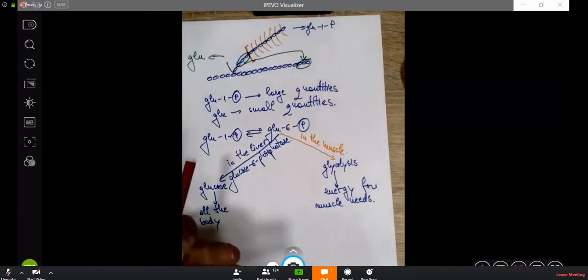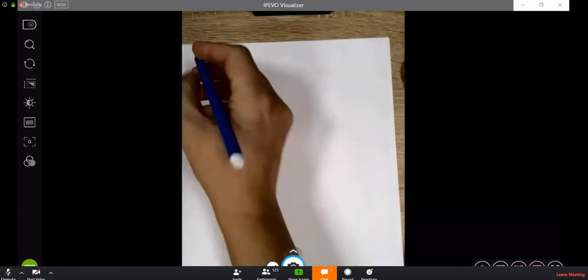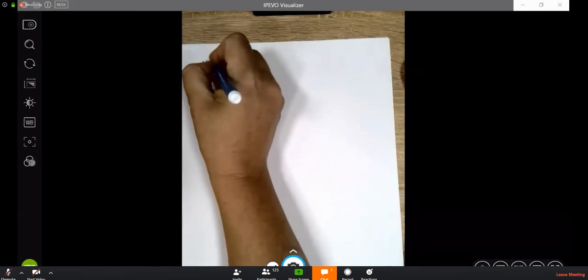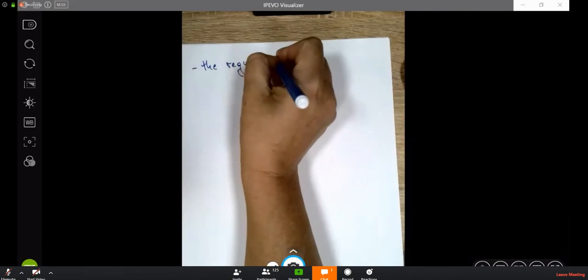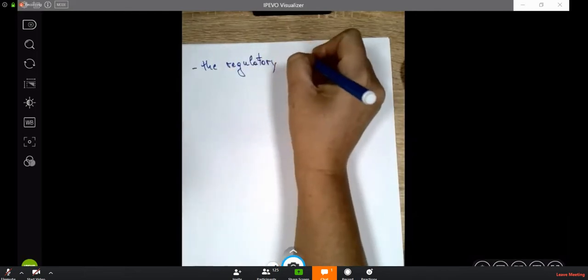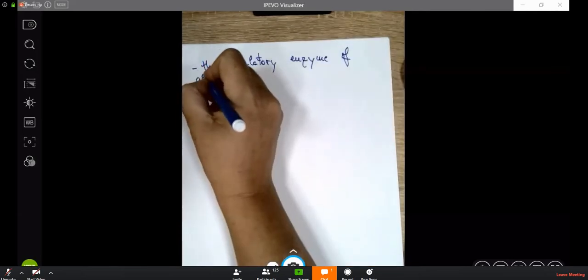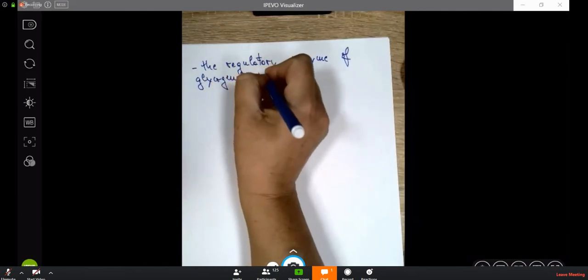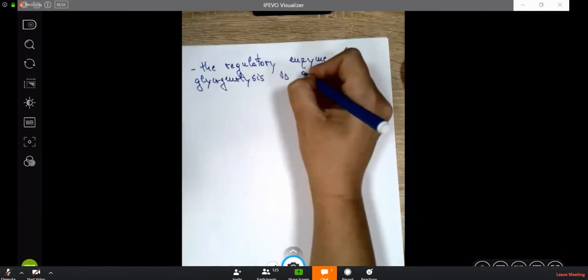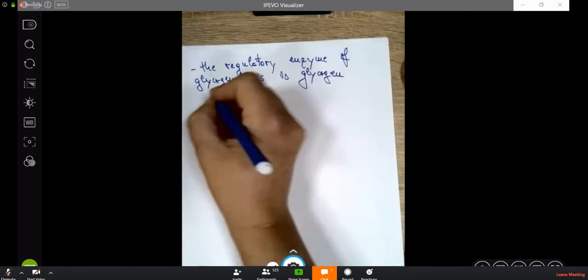So, the regulatory enzyme of glycogenolysis is glycogen phosphorylase.